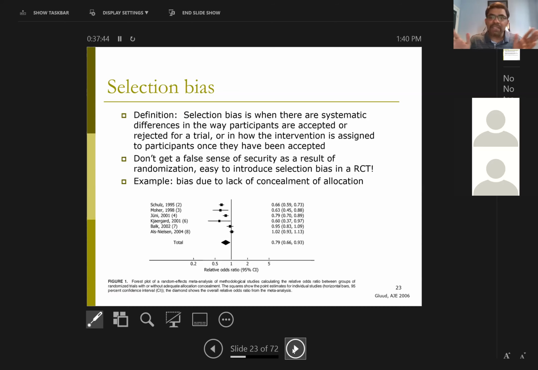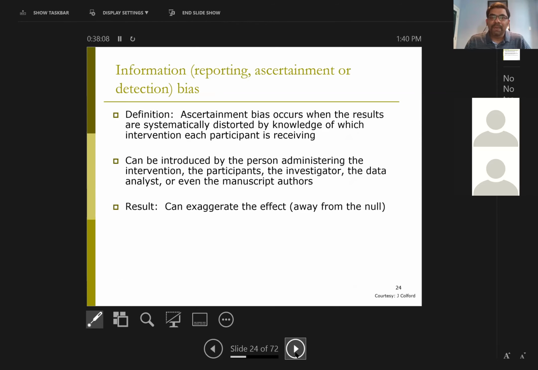And that may have nothing to do with the vaccine. It may be to do with who got the vaccine in the first place or who got placebo in the first place. So the only way to prevent people from cherry picking and creating the difference between the trial arms is to make sure nobody has a say in who gets what. That is the only way to make sure you don't have bad selection bias in randomized controlled trials, right?